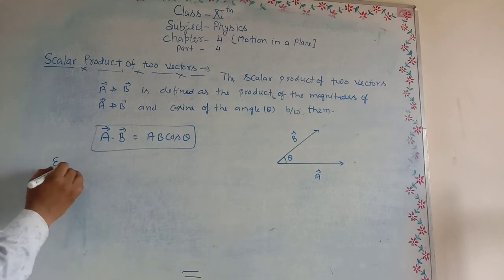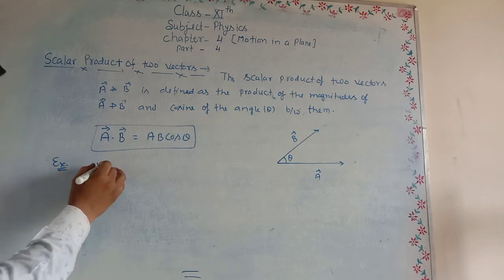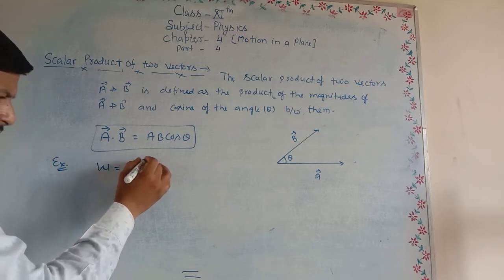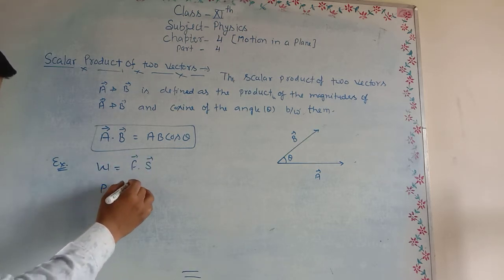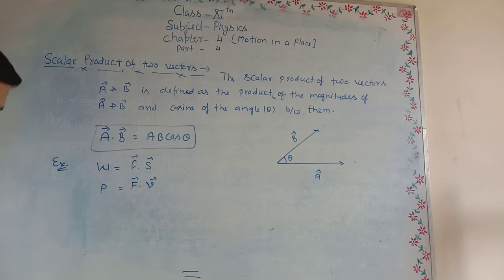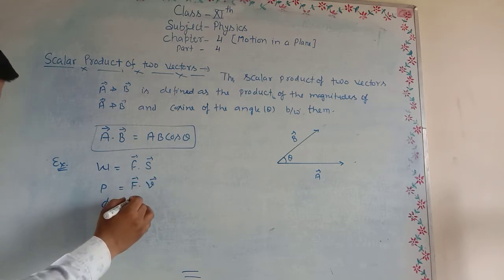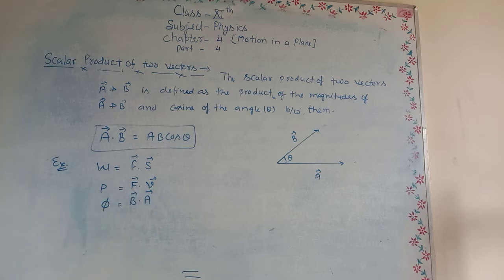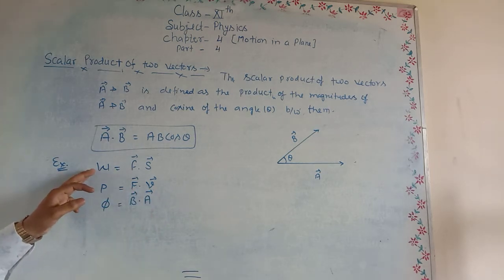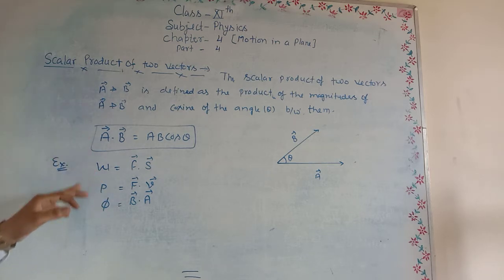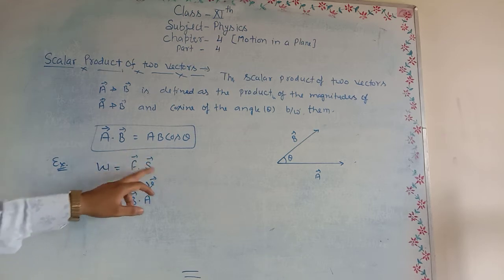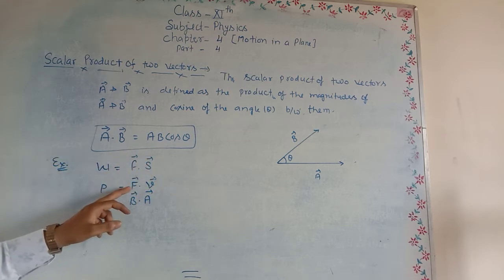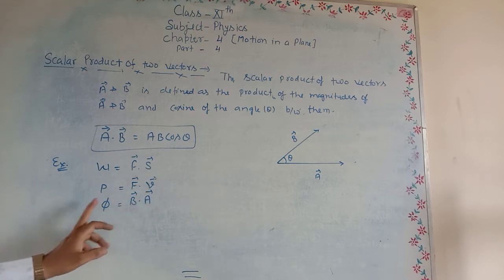For example, work W is equal to F dot S. Power P is equal to F dot velocity V. Okay, these are some examples of the scalar product of two vectors.